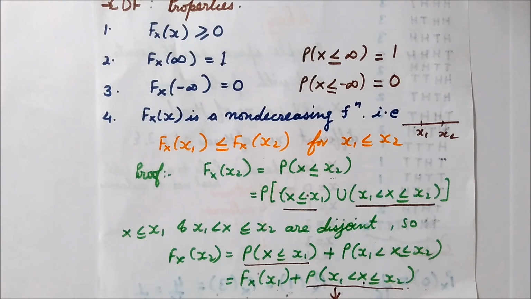We have proved that the CDF at x2 will be greater than or equal to Fx of x1. So it is a non-decreasing function, and we have assumed that x2 is a higher value than x1. All these properties hold for both discrete as well as continuous random variables.